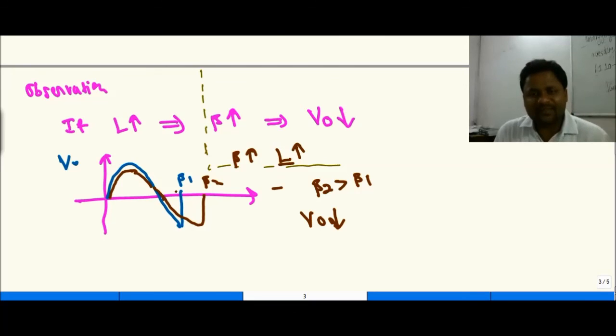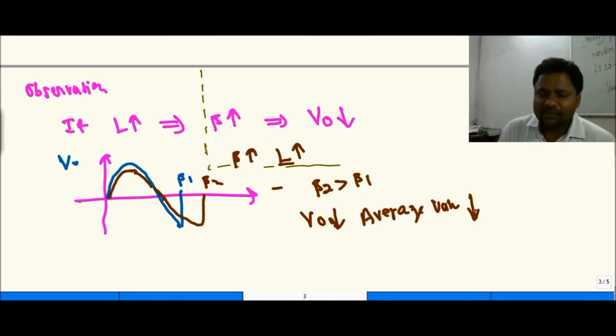So the average value of the voltage is going to decrease. So it is not a good option to increase the value of the inductor. The advantage is that we can make the current continuous, but the problem is that we obtain a lower value of the average current.